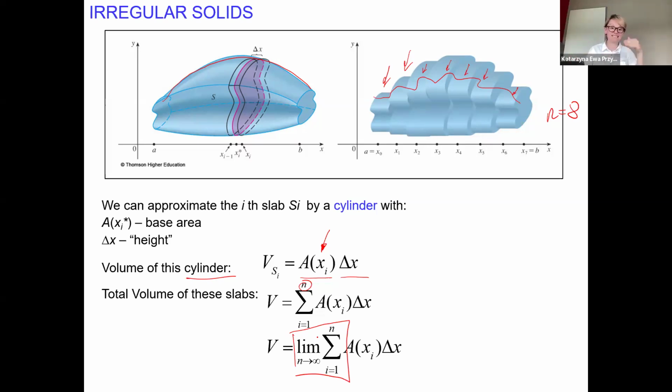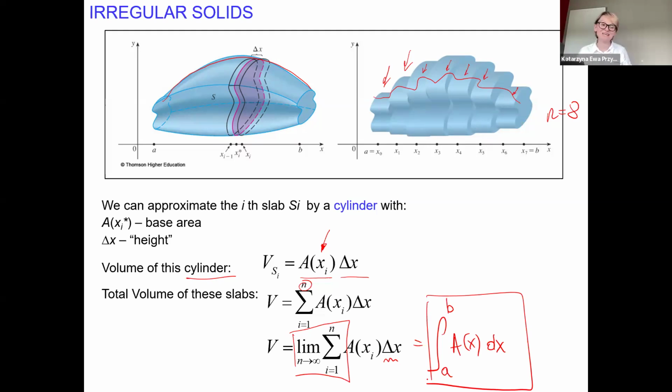How can we replace the limit? It's just the integral. That means we will integrate the cross-sectional area, and delta x becomes dx. And since x sub i depends on a and b, this is the definite integral. That's what we need for this section.